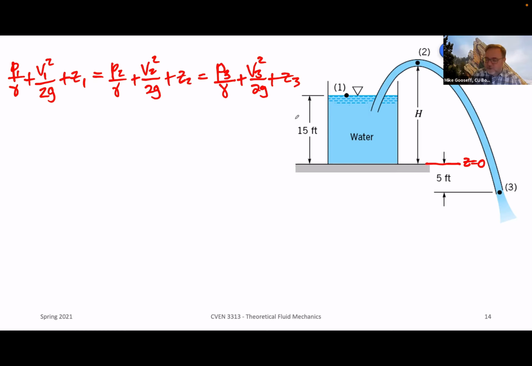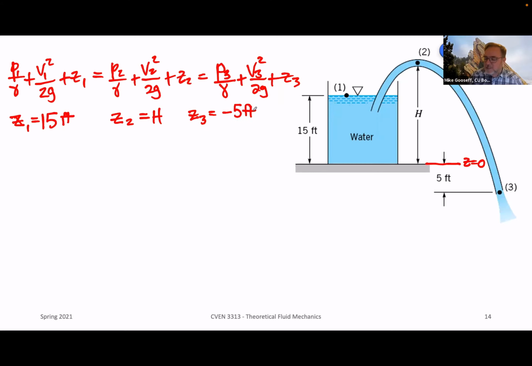All right, so first of all, we're going to set Z1 equal to 15 feet, right? And Z2 is equal to H, so we don't know what that is. We're looking for that. That's what we need to find. And Z3 is equal to negative 5 feet.